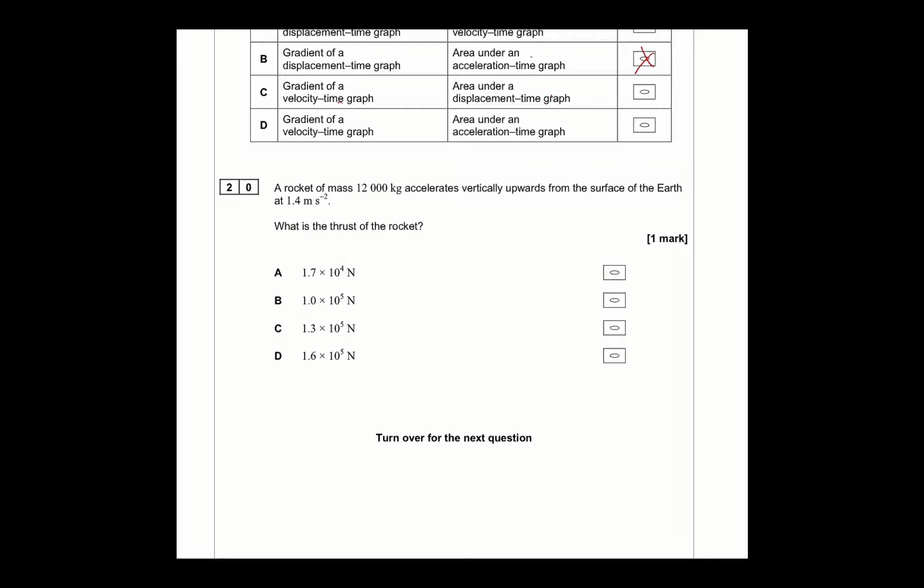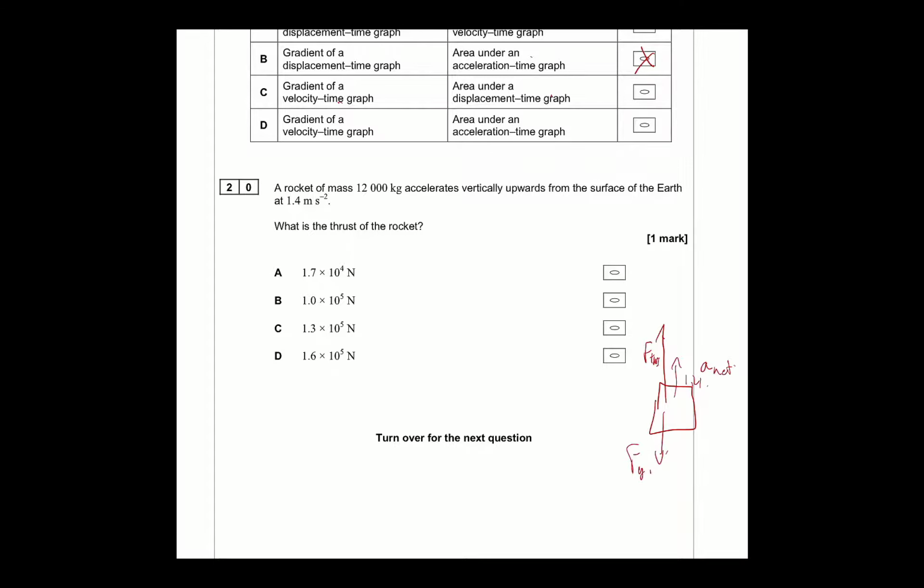So what you have to think is your rocket has a net acceleration of 1.4, but that is caused by your force thrust minus the force of gravity.